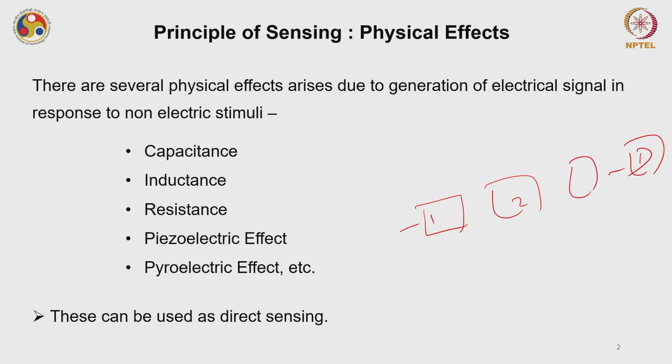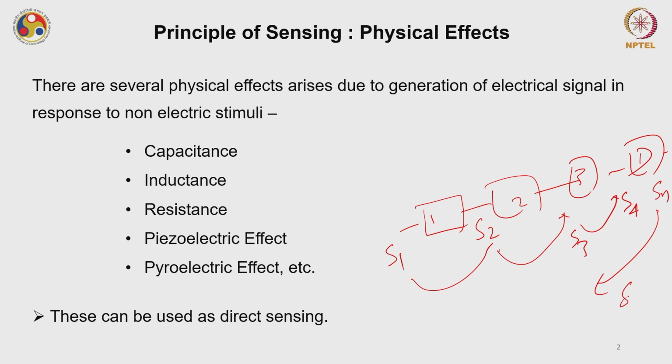I wanted to convert signal S1 to signal Sn. First I converted S1 to S2, then S2 to S3, and then S3 to S4, which was input to a direct sensor which gives electrical signal Sn. So Sn is an electrical signal, and except Sn all are non-electrical signals, right?